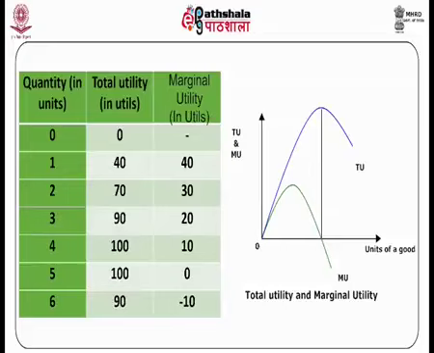However, when the total utility reaches its maximum, that is 100, it starts falling as the consumer increases his consumption. Correspondingly, the marginal utility becomes 0 and then negative.